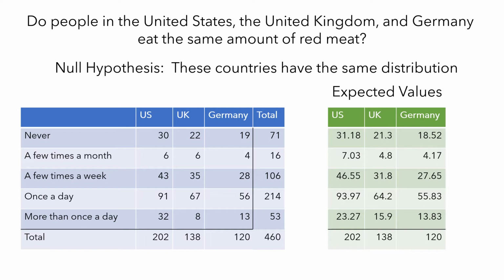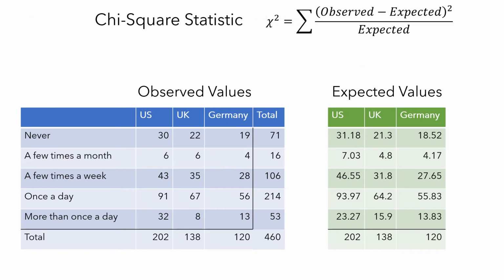So now we have our observed values and expected values, and we need to compute a statistic that lets us summarize the difference between the observed and expected values using a single number. We do this using the chi-square statistic. So first we'd take the first observed value, subtract the corresponding expected value, square the difference, and divide by the expected value.